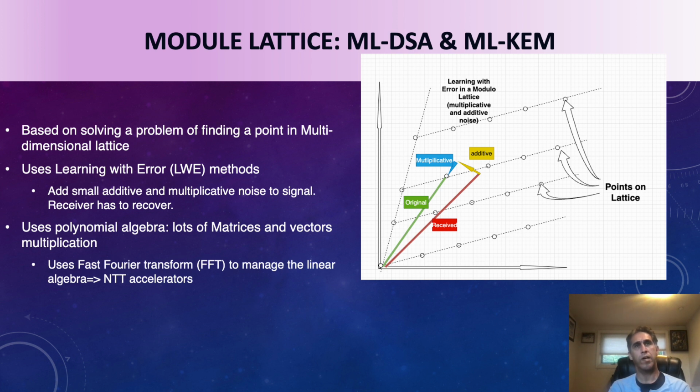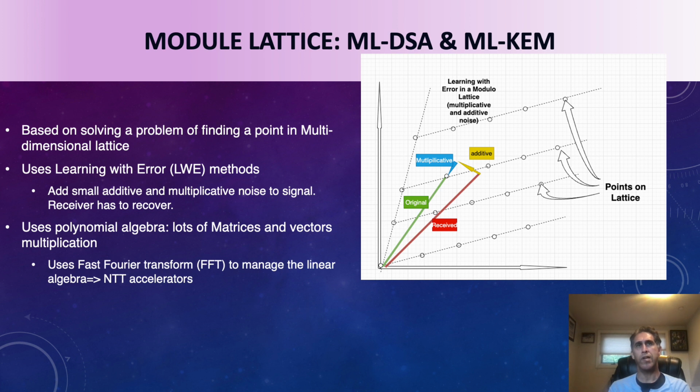Now, as far as module lattice, I'm not going to go too much into it, but I thought I'd show a picture for people to sort of understand. The math is very complex, the standards are very complex, but the idea is basically you have a lattice. In reality it is multidimensional; I'm just showing a two-dimensional lattice. And the idea of encrypting is that you have, let's say, this point on the lattice, and you multiply a small piece to it, and you add a small piece to it.